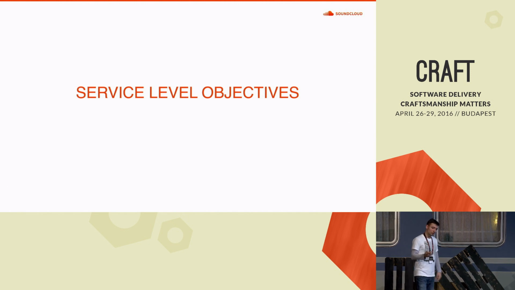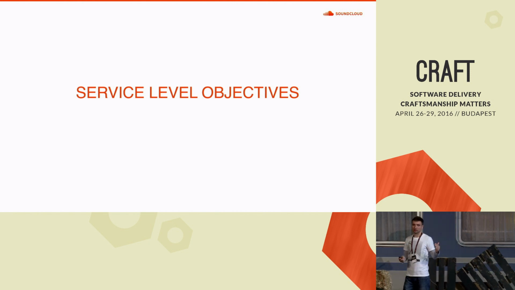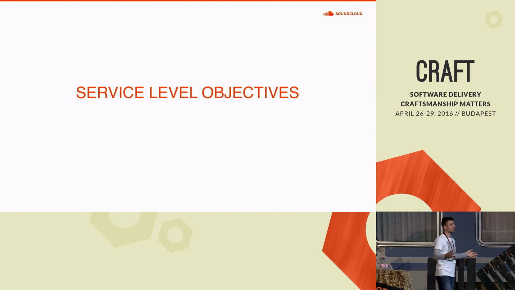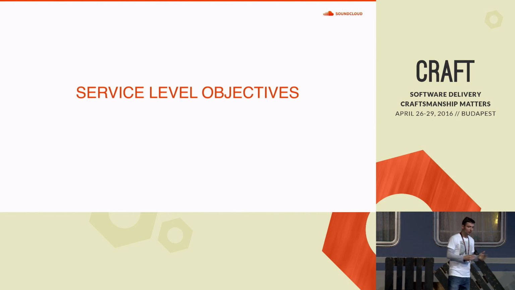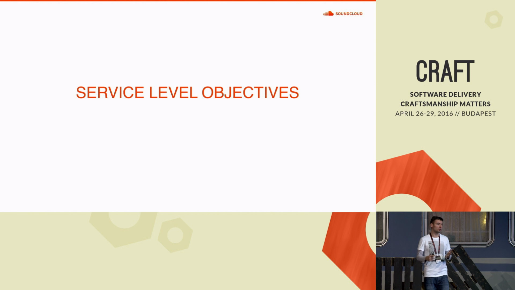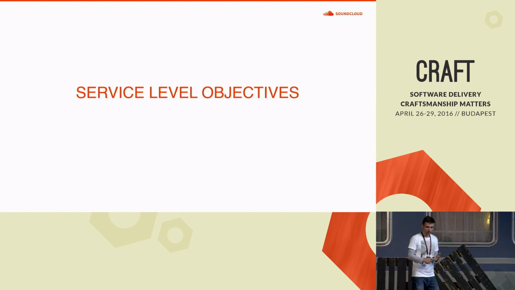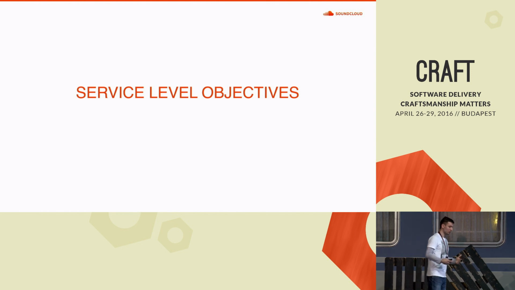The last item I have in my toolbox is service level objectives. It's a project that we kicked off. The problem we have at SoundCloud is that we have many services running in production, and they all have different performances. They have different error rates, different latency graphs, different garbage collection cycles, and so on.